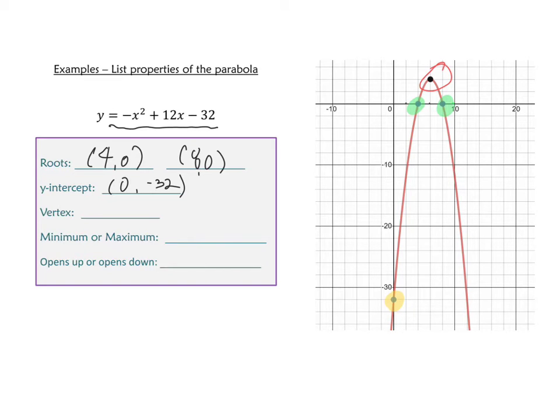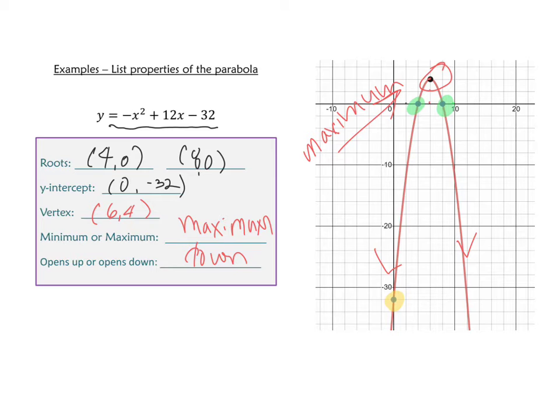And the vertex is at x is 6, y is 4. So, is that a maximum or a minimum? If you said maximum, you are correct. If it's a maximum graph, that means it opens down.